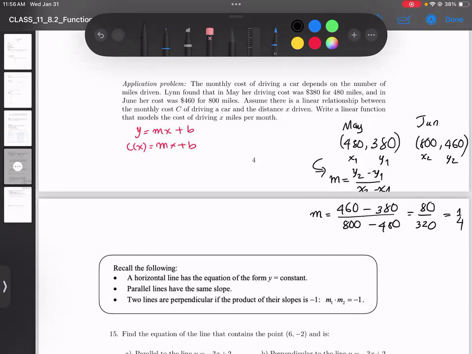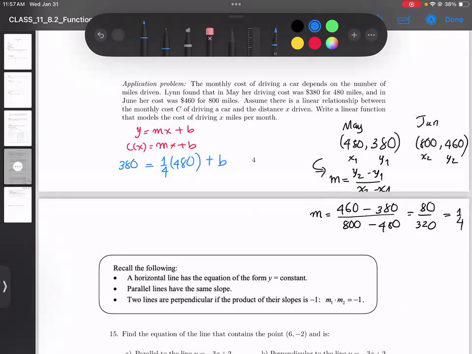Once you have m, you're going to find b. Remember, we plug in x and y. You can choose any pair, the pair in May or the pair in June. I'm going to choose the pair in May because it's a smaller number. So y is 380, m is 1/4, x is 480, plus b, the one we're looking for.